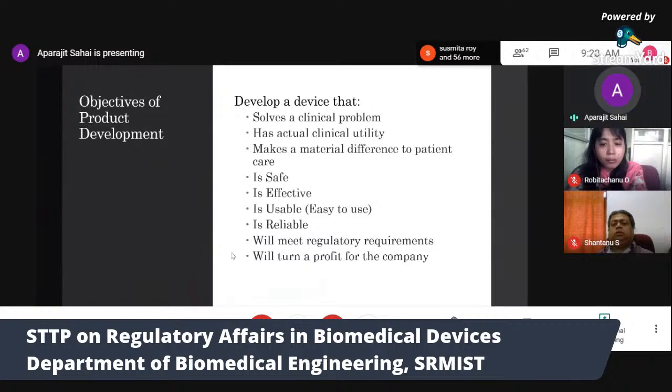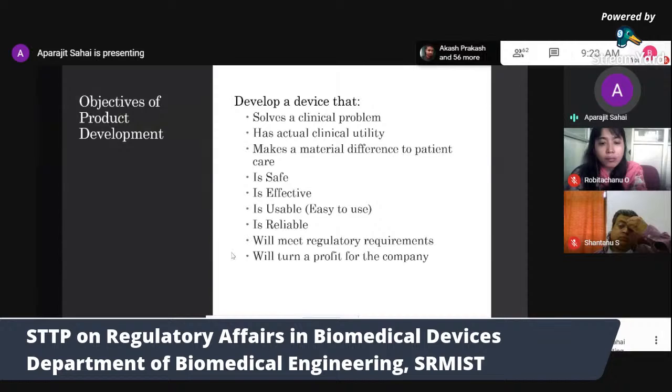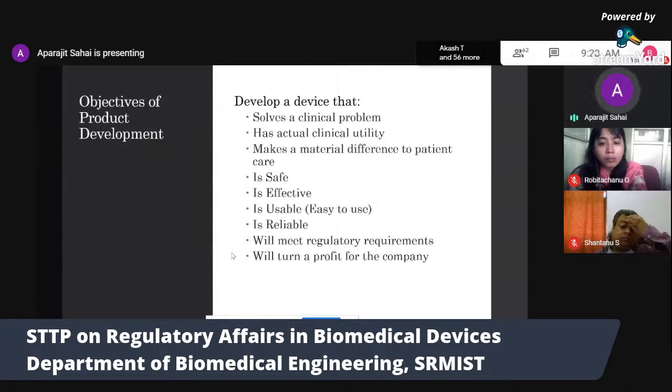The third thing is it should make a material difference to patient care. You could develop a device that's solving a problem, but if it's not really making any difference to patient outcomes, there is no point developing the device. Ultimately, what we're trying to do with medical devices is to affect patient outcomes in a positive manner.